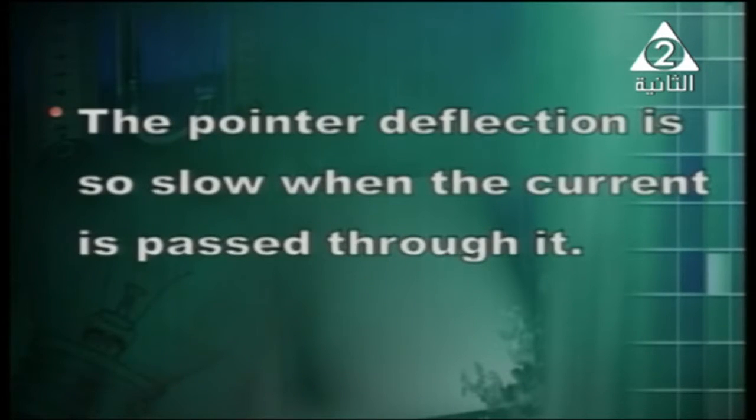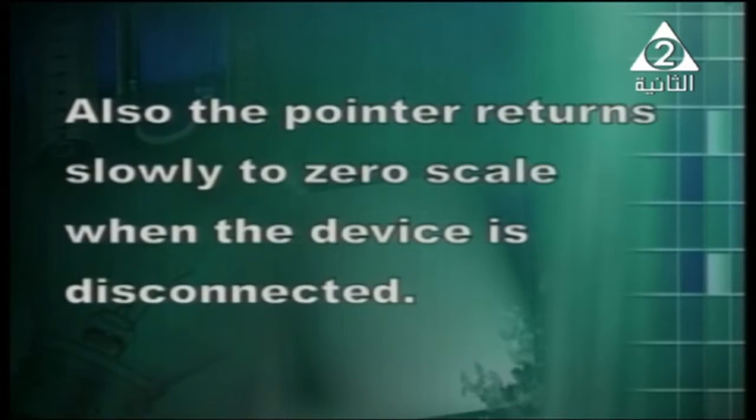When the current to be measured is sent into the device, it takes time till the pointer comes to rest and measures. Also, the pointer returns slowly to zero scale when the device is disconnected.